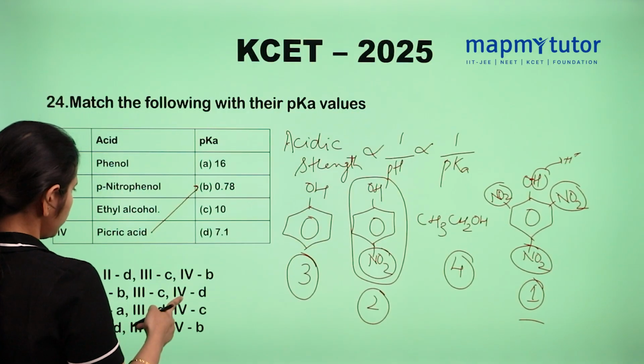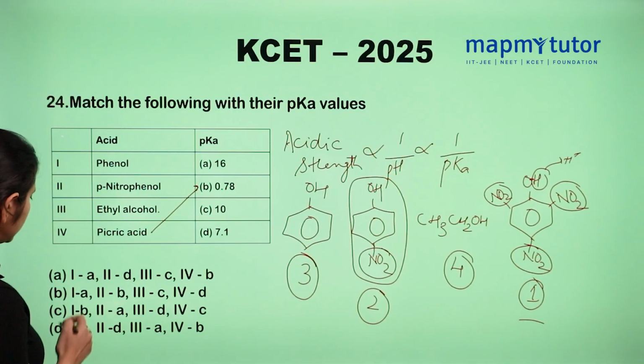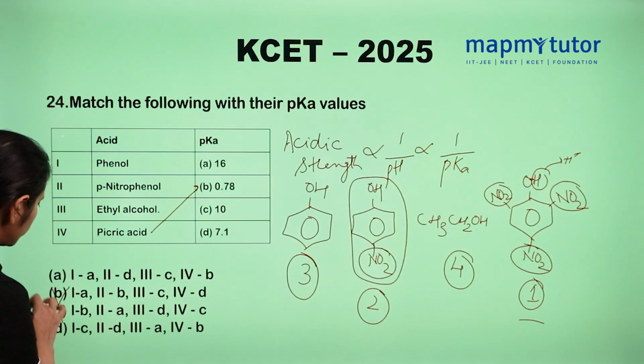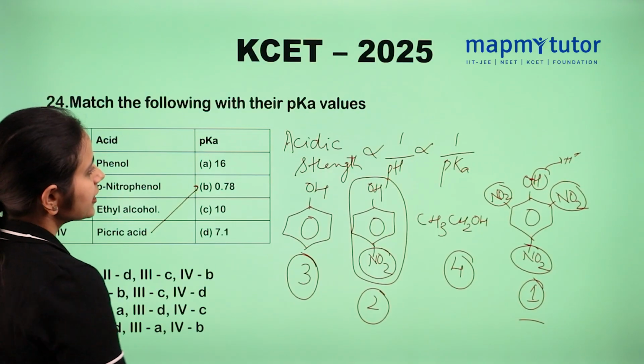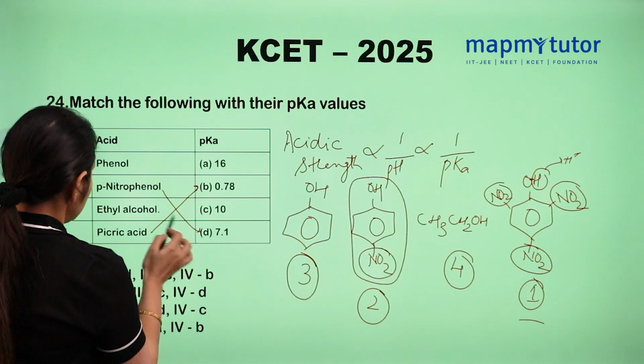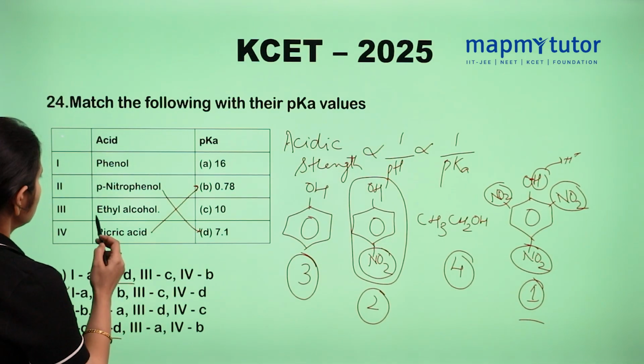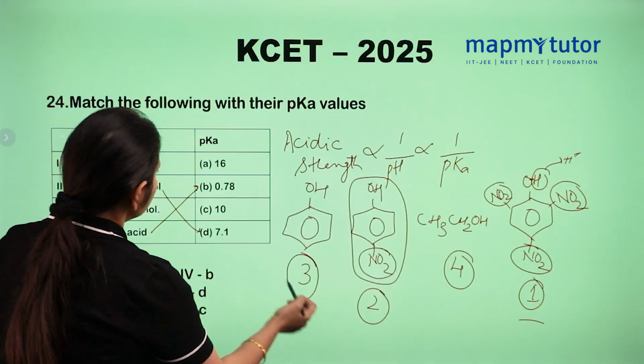Is there any option with 4 with B? Both A and D options are there. So we can remove B and C. Next is paranitrophenol. Paranitrophenol will go with D, which is again in both options. Third is phenol.